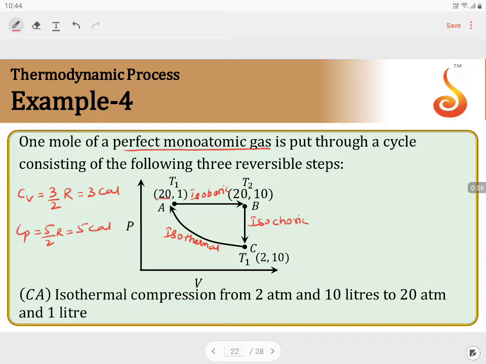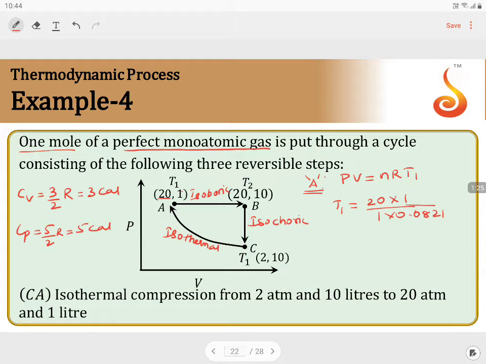Now at point A, pressure is given, volume is given, we know the R value, and we need to find the temperature. So PV is equal to nRT1, so T1 will be equal to pressure 20 into volume 1, divided by number of moles 1 into R value 0.0821.